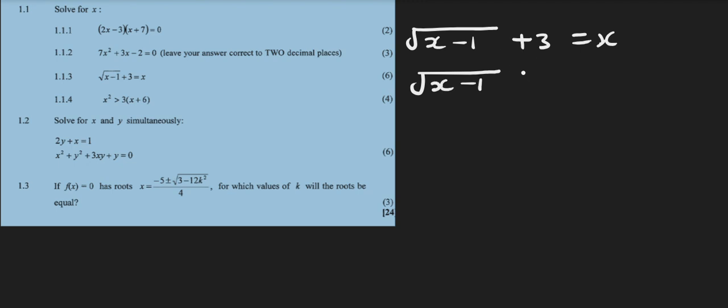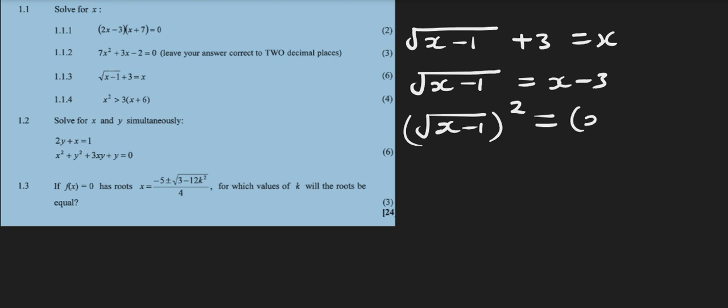If we subtract 3 on this side, we are going to remain with the square root of x minus 1. If we subtract 3 on this side, we are going to have x minus 3. And then after doing this step, we need to square this side in order to remove the radical sign. So if we square the left-hand side, we also need to square the right-hand side to balance the statement.